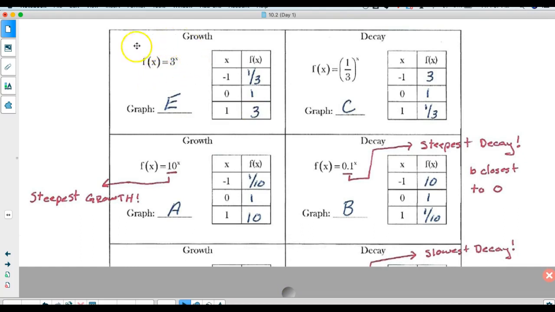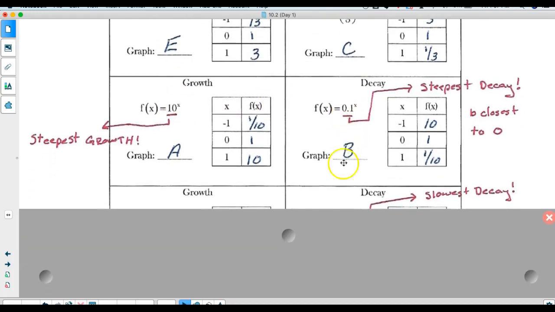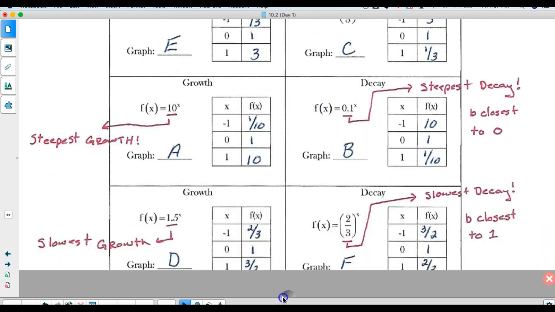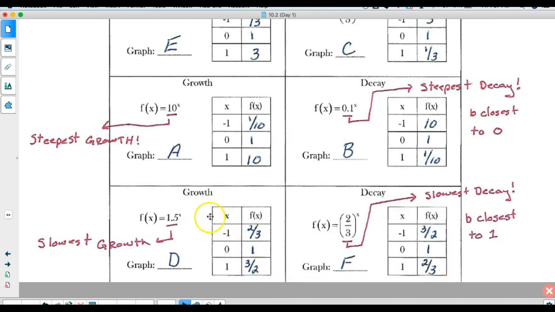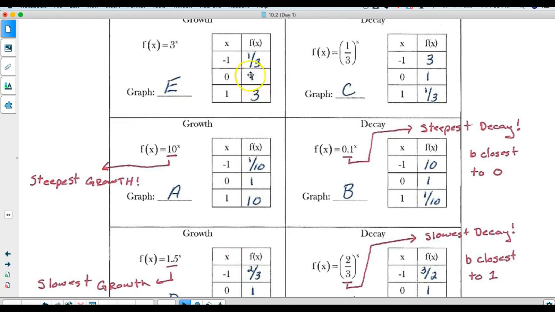I have the functions f of x equals 3 to the x, 10 to the x, and 1.5 to the x.